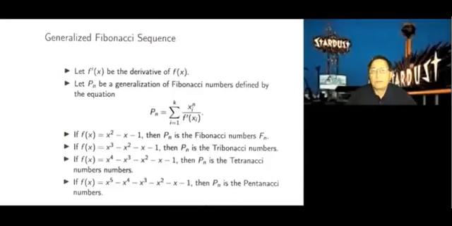If f(x) equals x squared minus x minus 1, then P(n) is the Fibonacci numbers. If f(x) equals x cubed minus x squared minus x minus 1, then P(n) is the Tribonacci numbers.